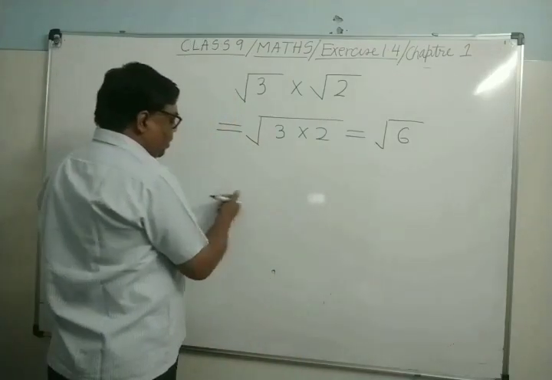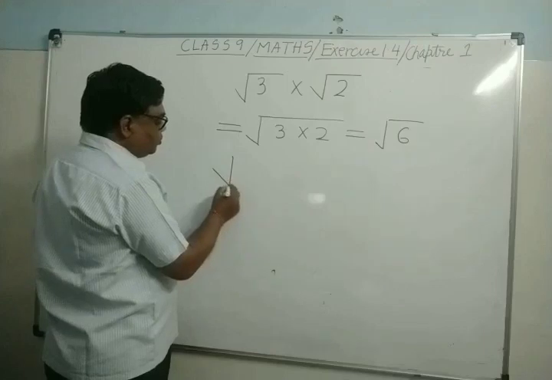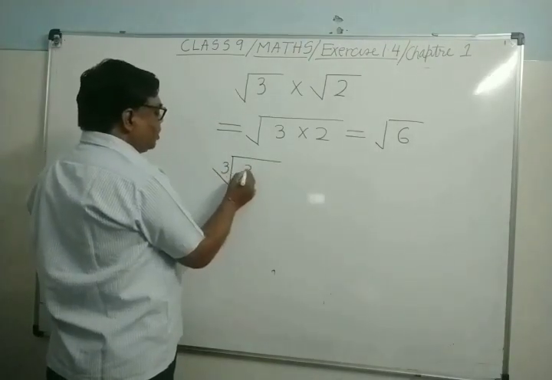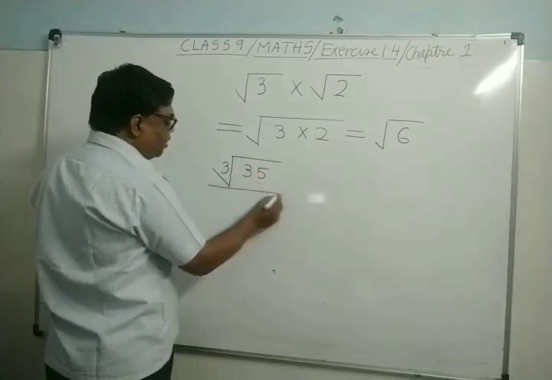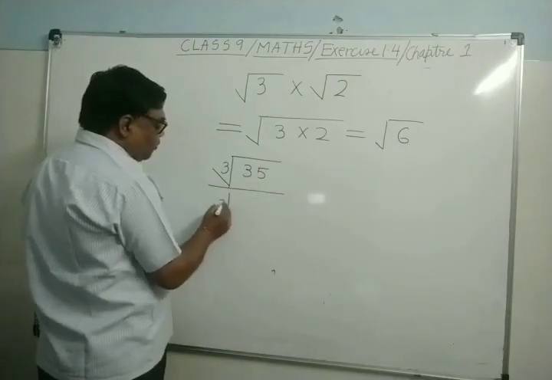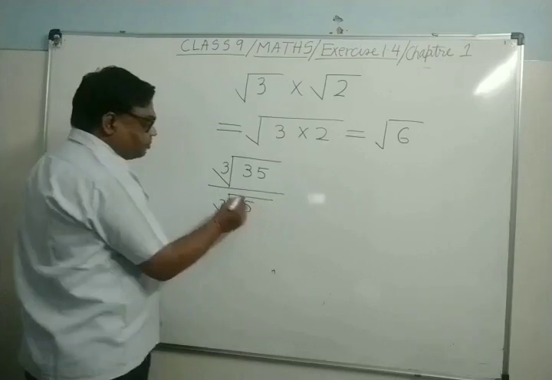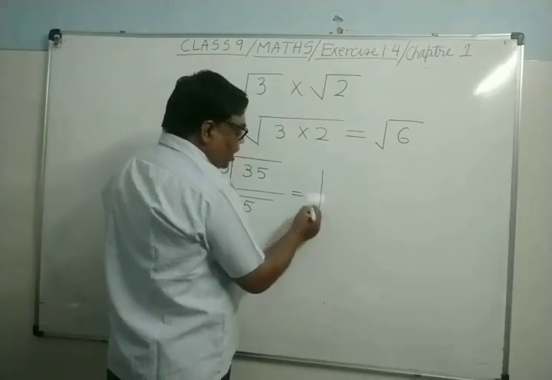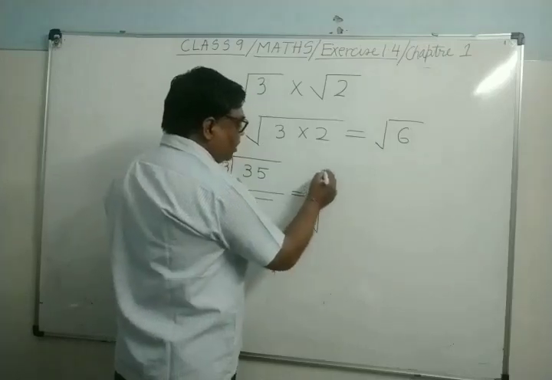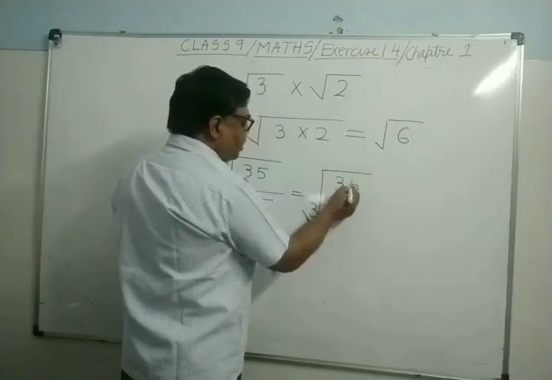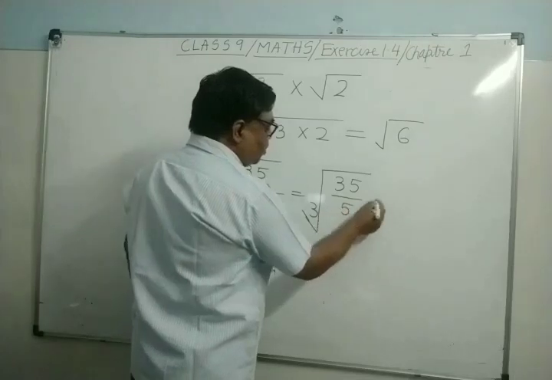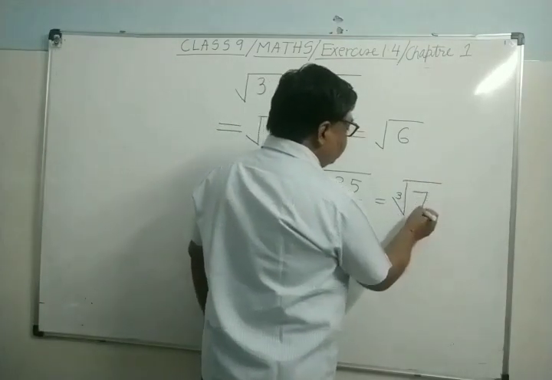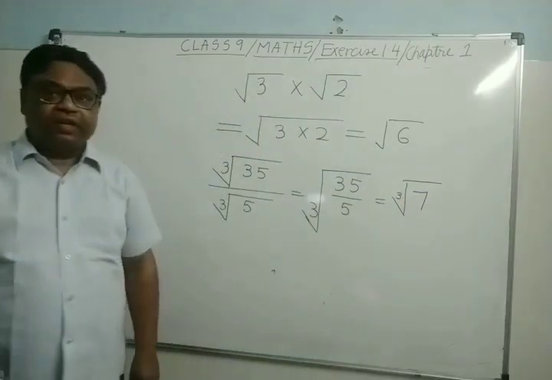For example, take cube root 35 divided by cube root 5. Yes, they are of the same order, therefore we can write them in a common radical: 35 upon 5, so it will be cube root of 7.